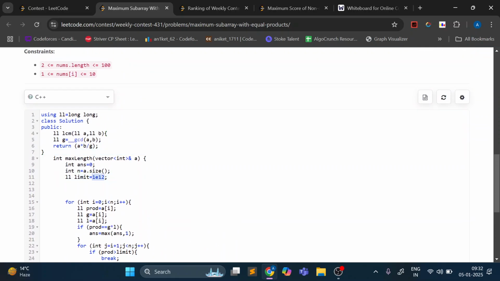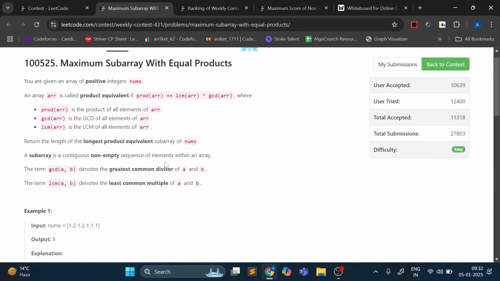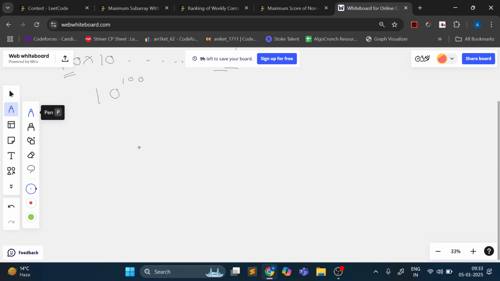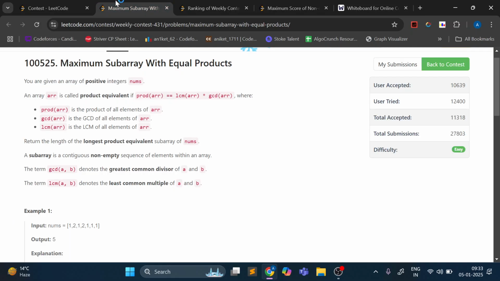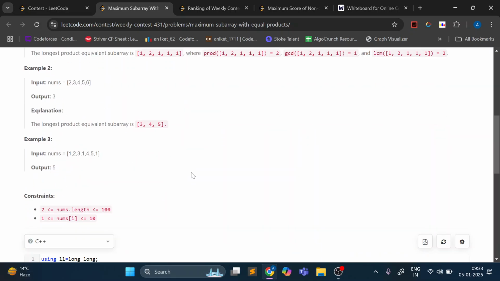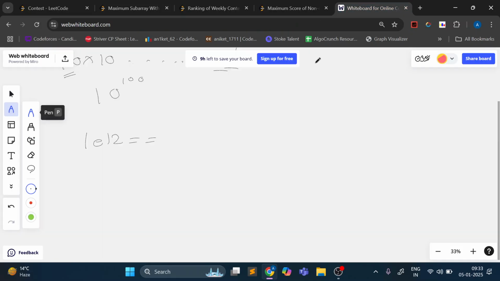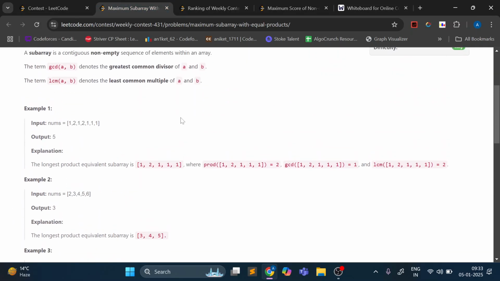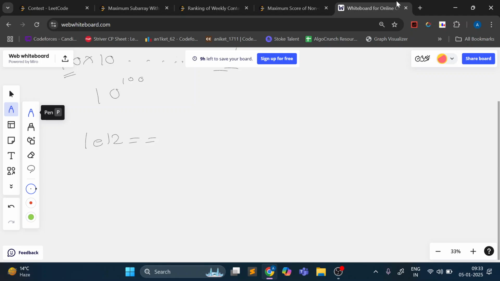But what this limit does, let's say the product is 1E12. Now the GCD of all the elements would be at most 10, right?